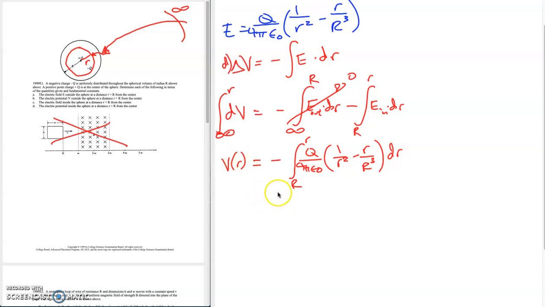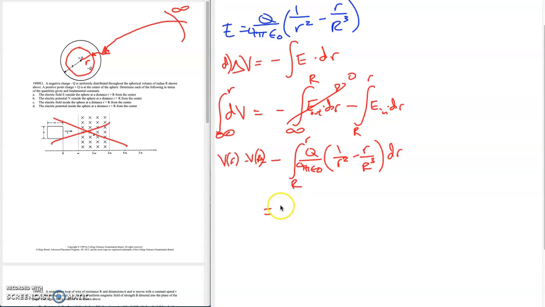Actually, I take that back. That's going to be V of r minus V of the surface. Now this guy is going to be 0, so we're going to end up with this, but we need to keep in mind that we're moving from the surface to inside, because those are our limits on the right side of the equation.